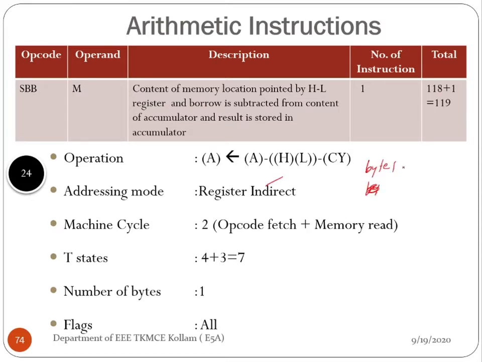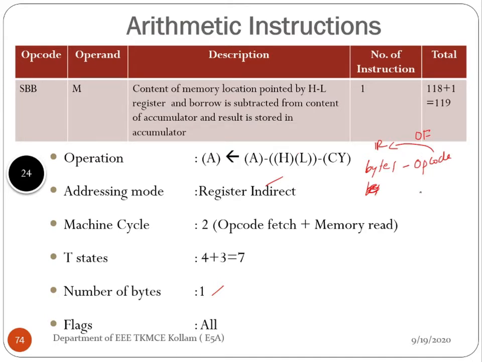When we are converting this instruction into machine code, the machine code size is only 1 byte, therefore it is a 1 byte instruction. That 1 byte is opcode that we need to take into instruction register while executing this instruction. That operation is opcode fetch, and after that we need to take the memory content which is pointed by HL register pair.